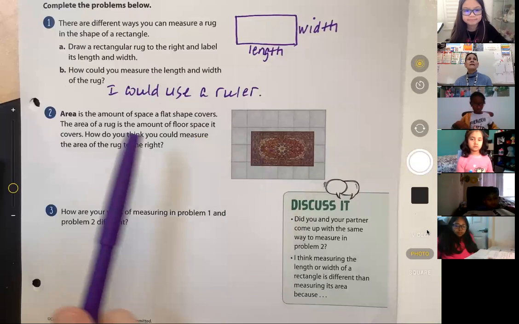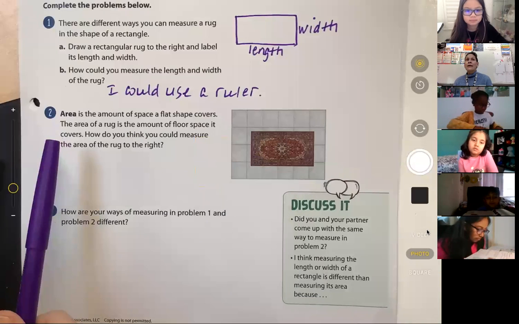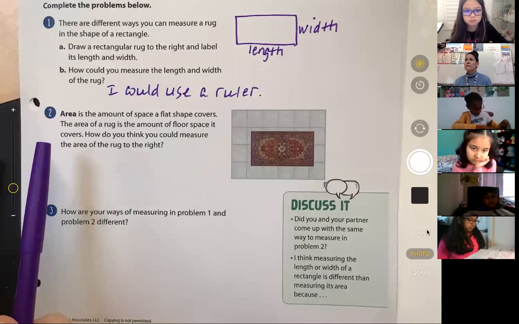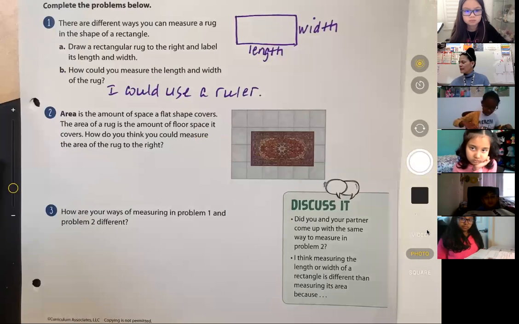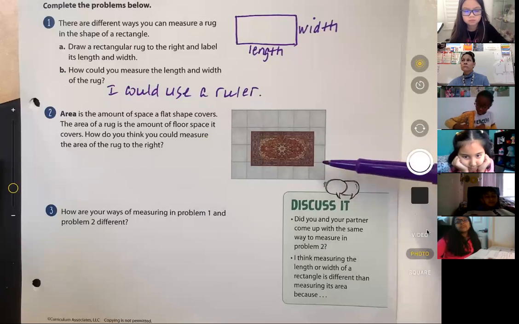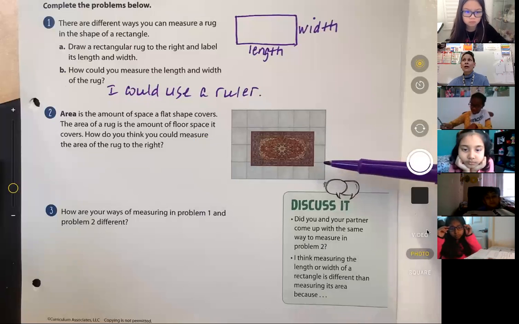Number 2 says that area is the amount of space that a flat shape covers, right? We can take a look at this rug and we can also call that a rectangle or a two-dimensional closed shape.